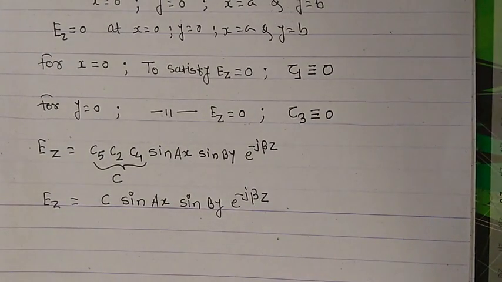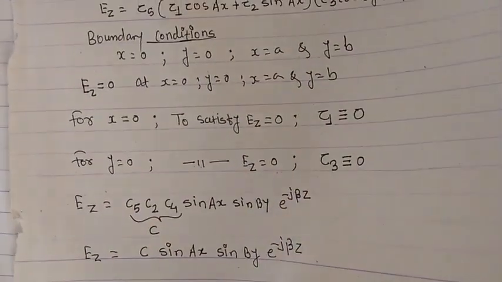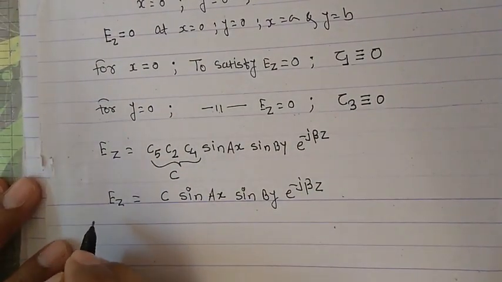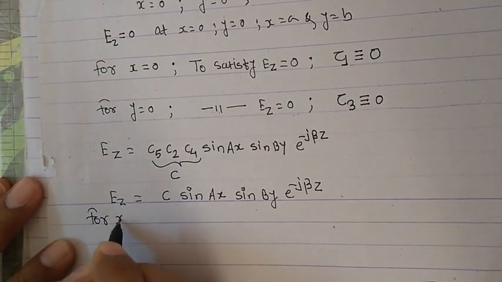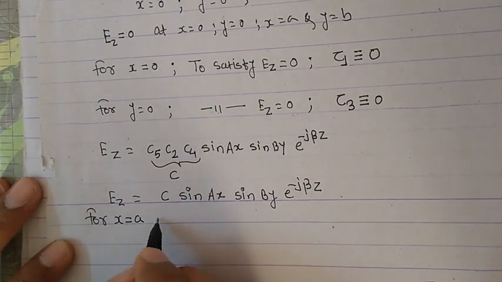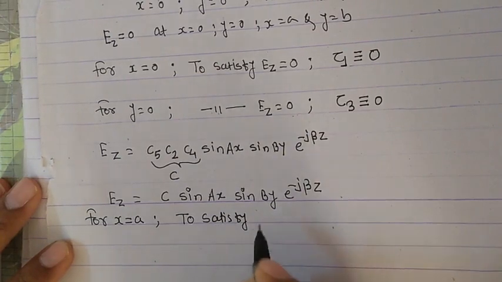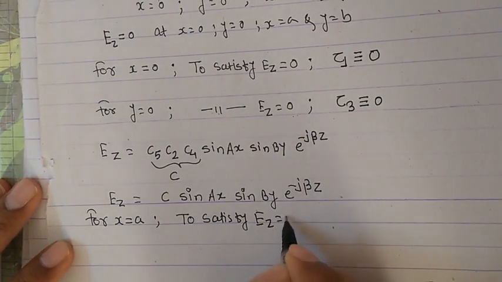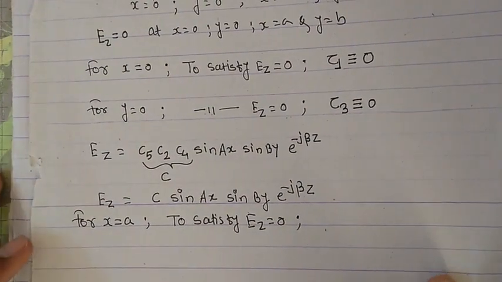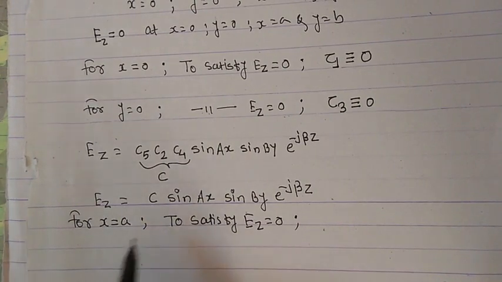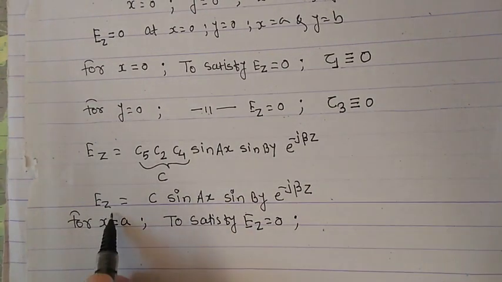In the above equation, now apply the remaining two boundary conditions. The boundary condition for x equal to a: to satisfy the boundary condition, which is Ez equal to 0, what is the solution? See this equation now. Let us say for x equal to a, when will this equation be 0?